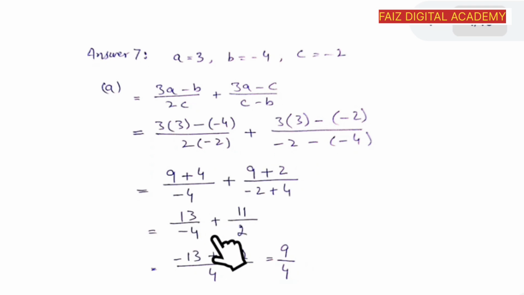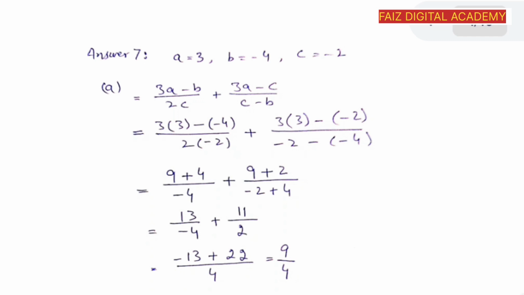Then we will find the answer of these two fractions with the help of LCM, and we know that the LCM of 4 and 2 is 4. If we divide 4 by this 4, the answer is 1. 1 multiplied by 13 is 13, plus 4 divided by 2, the answer is 2. Then we have to multiply this 2 with the 11 and we will get the answer 22. So plus minus minus, and we have to subtract 13 from 22 and the answer is 9.